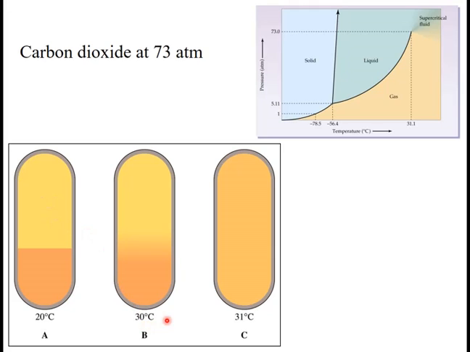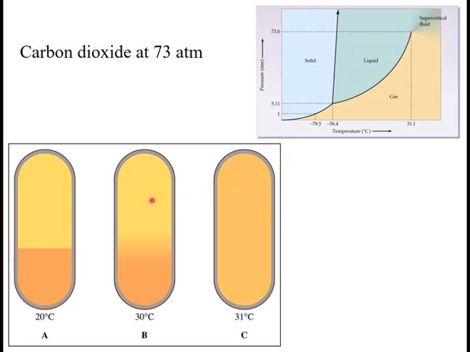Okay, you see the water down here and you see air up here. At 30 degrees, because the critical point's at 31 degrees, you see that there's still a distinct gas phase up here. There's still a distinct liquid phase down here, but now the line between them has started to blur. Okay, there's no distinct line anymore about where it is. And at 31 degrees, so this is all at the 73, okay?